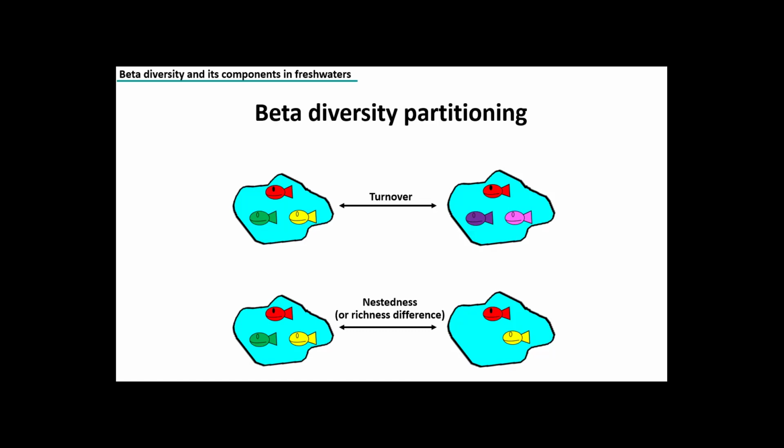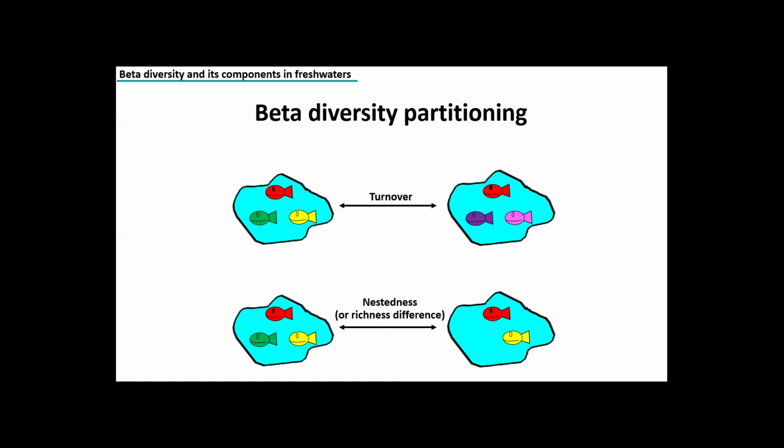For example, the green species was lost from the first to the second lake. However, we did not see a replacement of species, only a loss of species because the green one was lost.